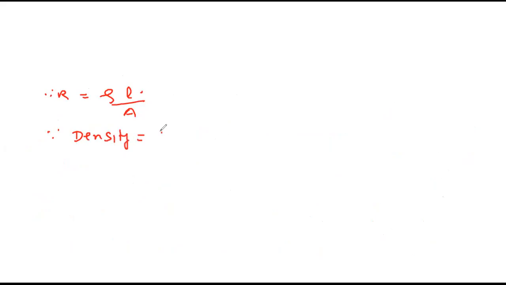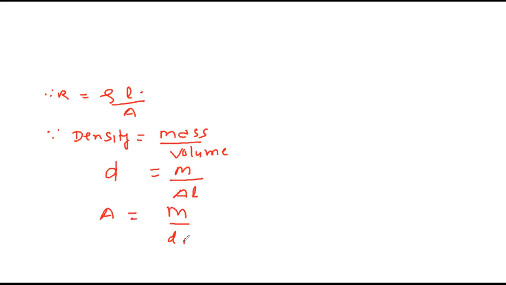Yes, sir. What is density formula? Mass upon volume. And what is volume? Area into length. This density I'm writing D. So can I write area as M upon DL? Yes.